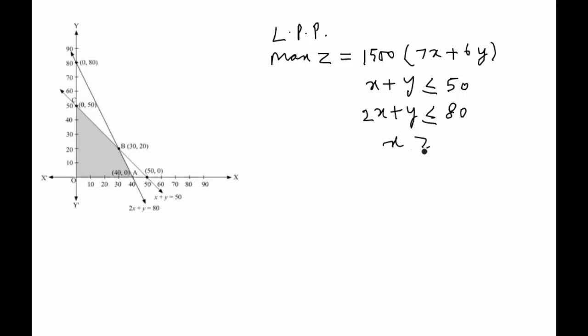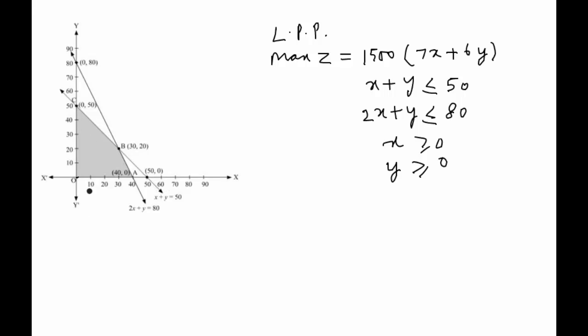X should be greater than or equal to 0 and y also should be greater than or equal to 0. So now we will have to plot these lines, x plus y and 2x plus y, in the first quadrant itself. Since x and y are greater than 0, we plot these lines and see the intersection.